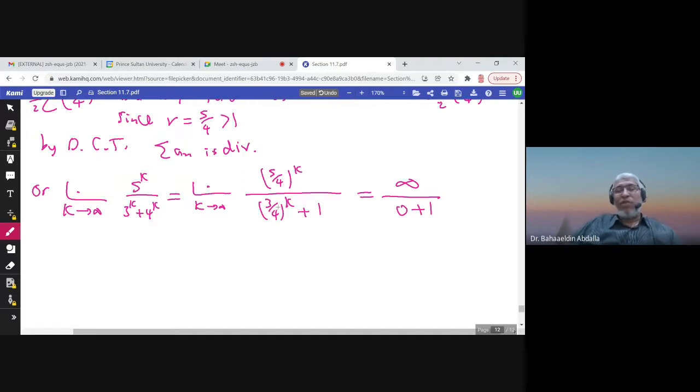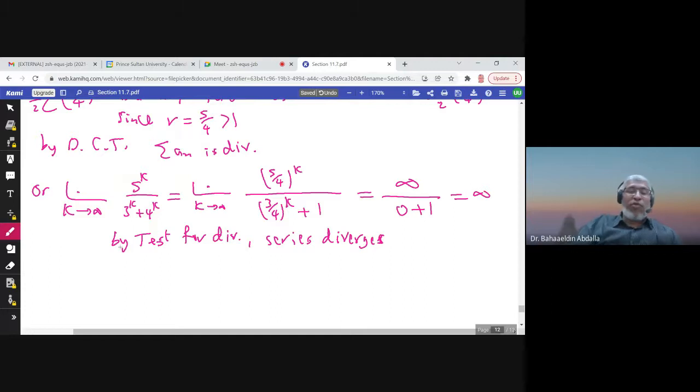We studied this in the beginning of chapter 11. Limit of r to the power n: when r is less than 1, the limit is 0. When r is greater than 1, the limit is infinity. So the limit is infinity. So by test for divergence, the series diverges.